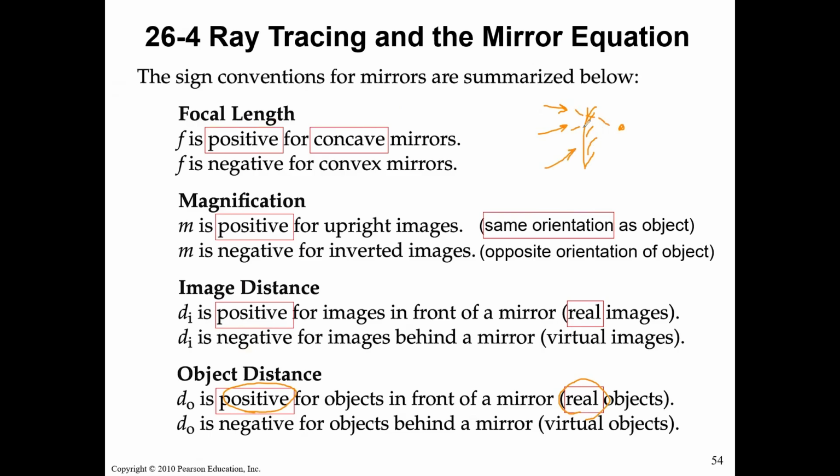In this case, we will have a virtual object, and for a virtual object, D_O is negative. As you can imagine, all those light rays will be reflected and converge onto some point in front of the mirror, so the image distance will be positive in this case. So you can have virtual objects, and then D_O will be negative.